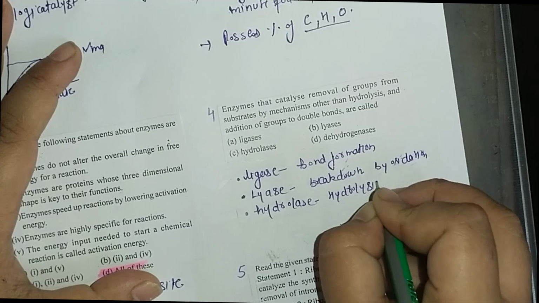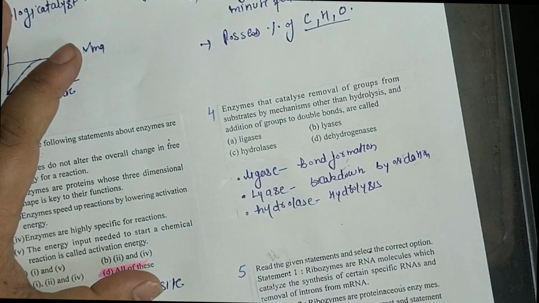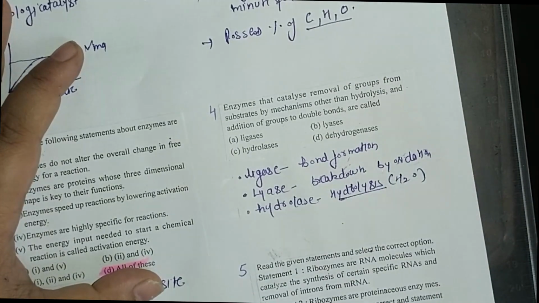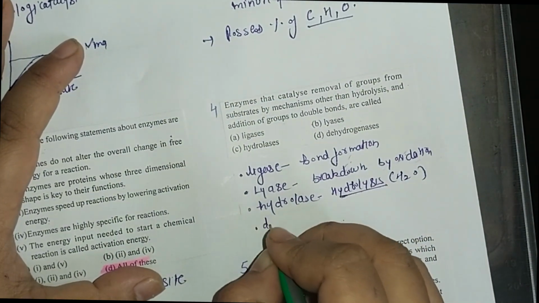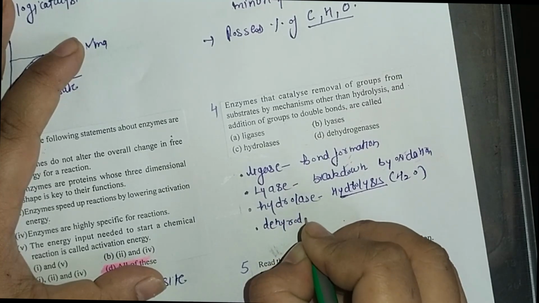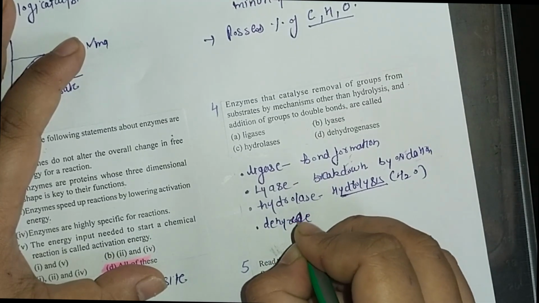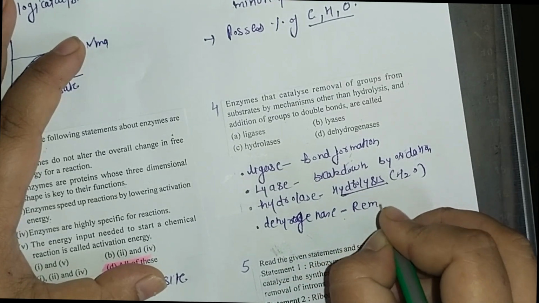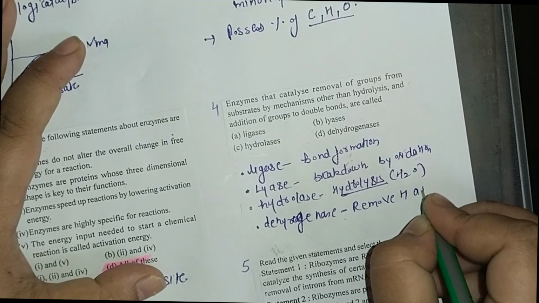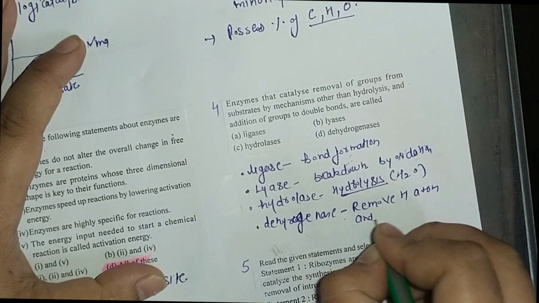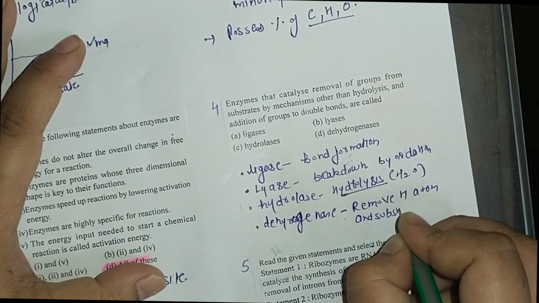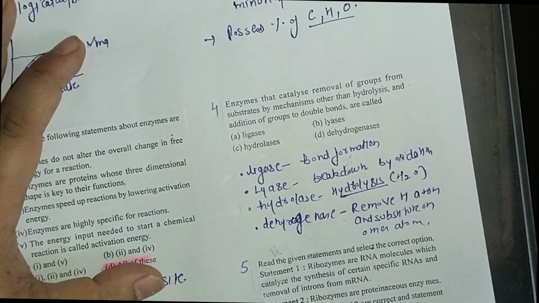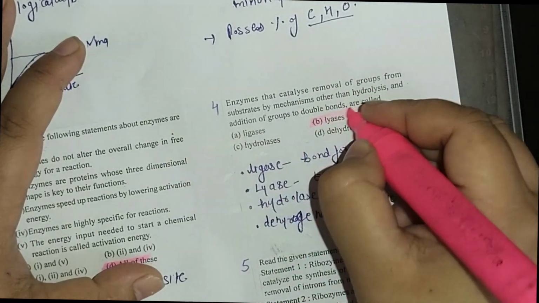They are also responsible for breakdown, but in the presence of water. Then next is dehydrogenases. These dehydrogenases remove a hydrogen atom and substitute it onto another atom. So the correct answer will be lyases, B.